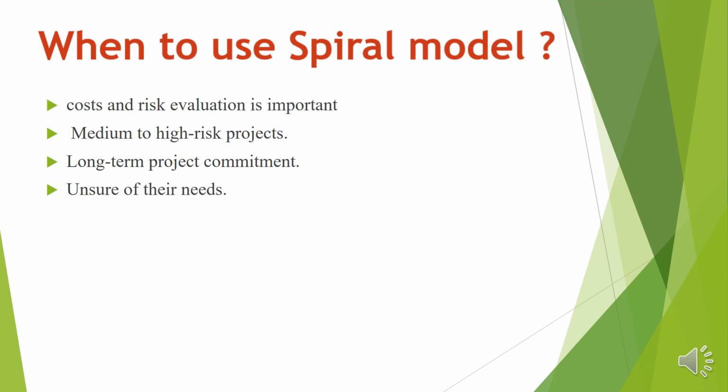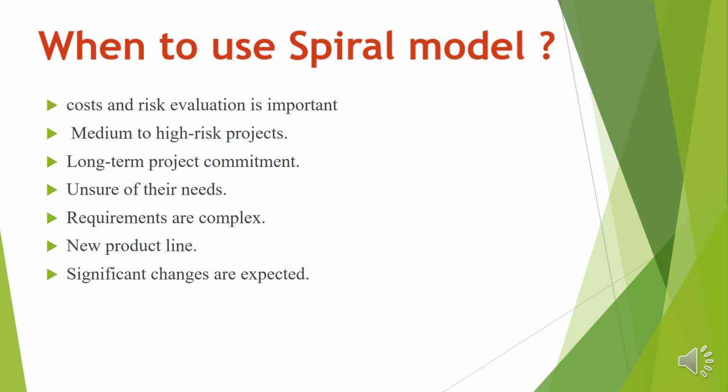When unsure of the needs, at that time also you have to follow the spiral model. Whenever the requirements are not simple, meaning the requirements are complex, then you have to go for the spiral model. When there is any new product line, then you should follow the spiral model. Whenever some significant changes are expected, that time we can use it.